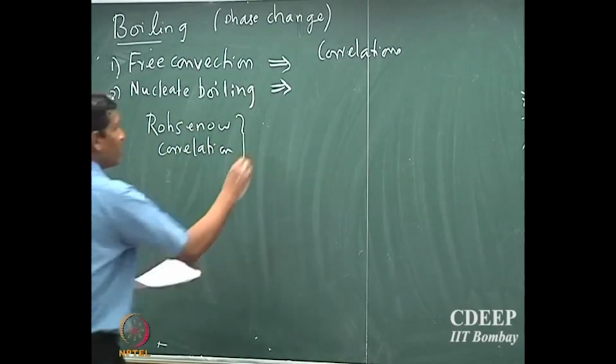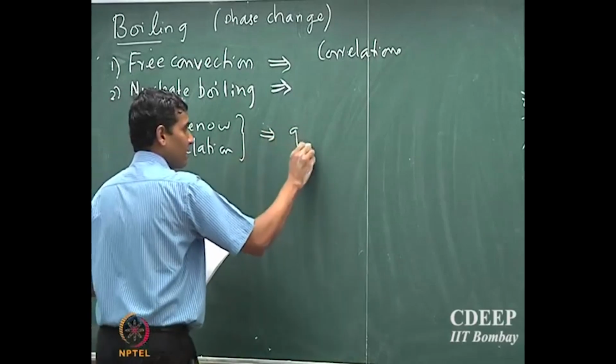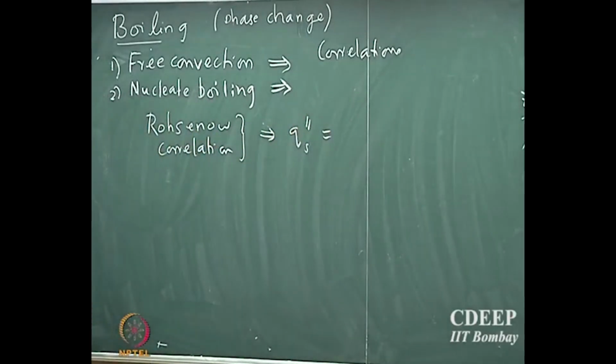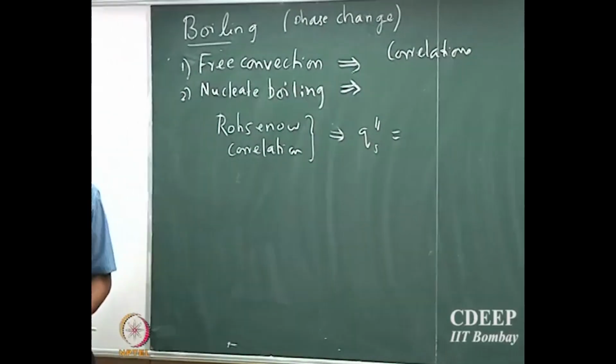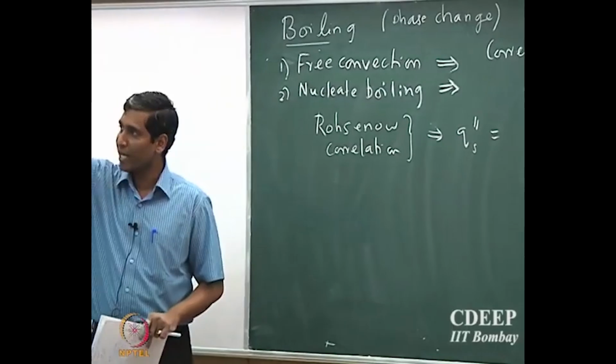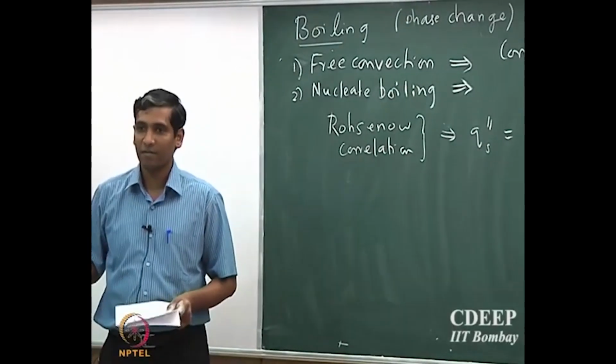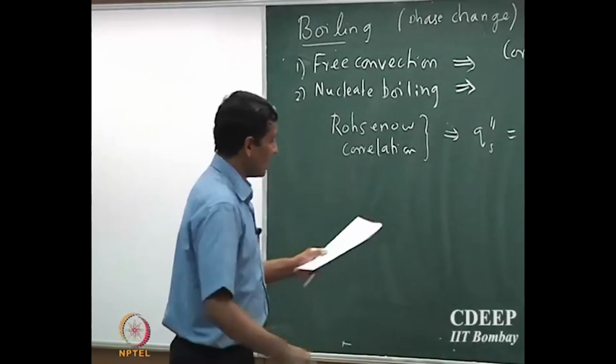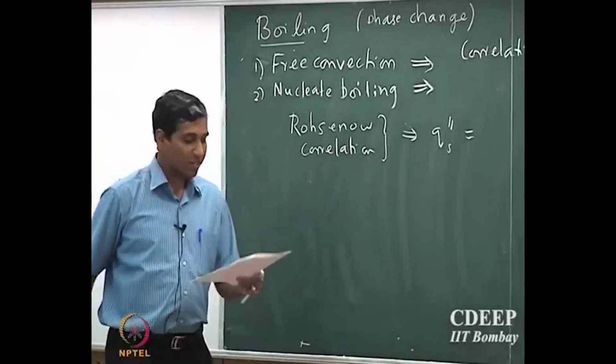This correlation essentially gives you the maximum flux, the maximum point, because that's what is important from the operation point of view. Remember I drew this curve where if you want to heat the fluid, the moment you touch the maxima, you would like to maintain a constant flux condition. So it's important to predict the maxima which the boiling curve is going to reach.